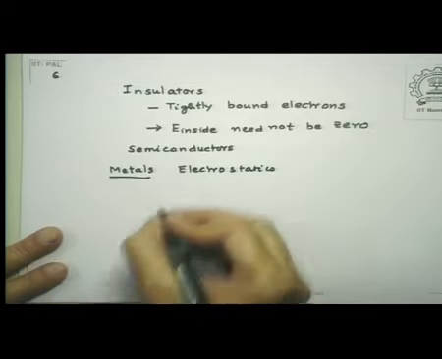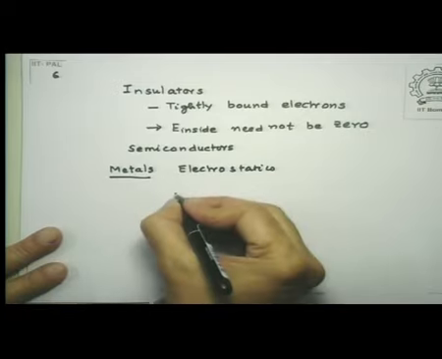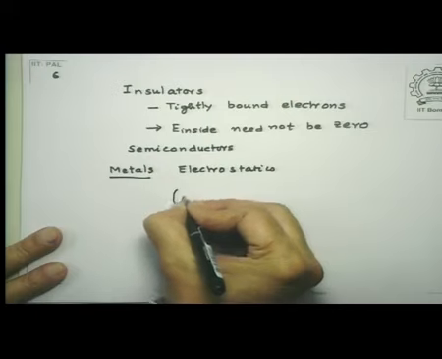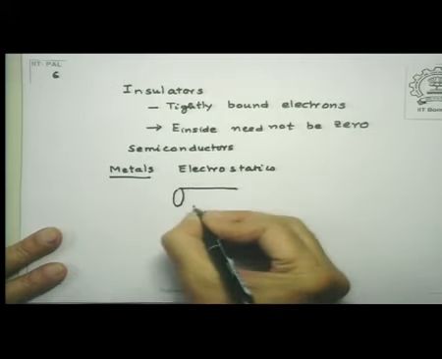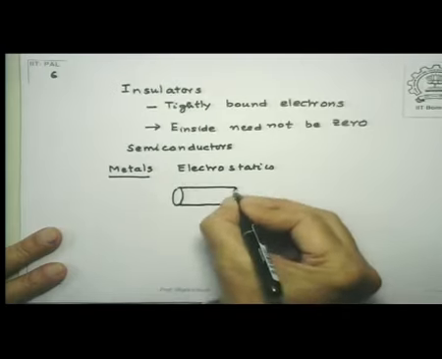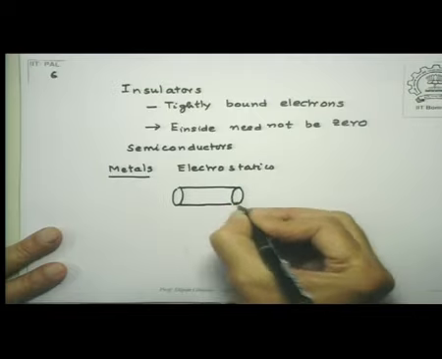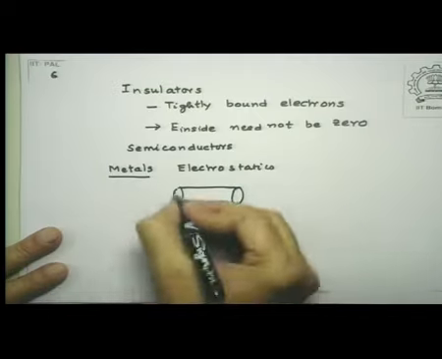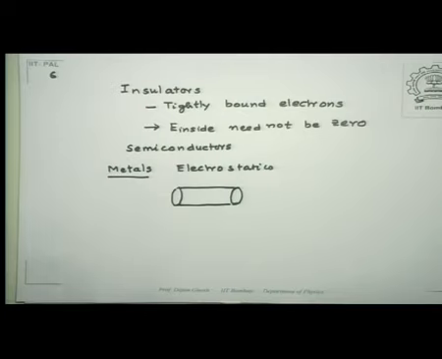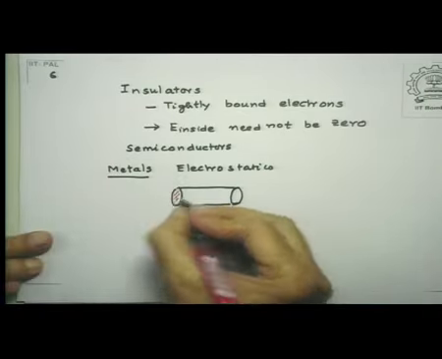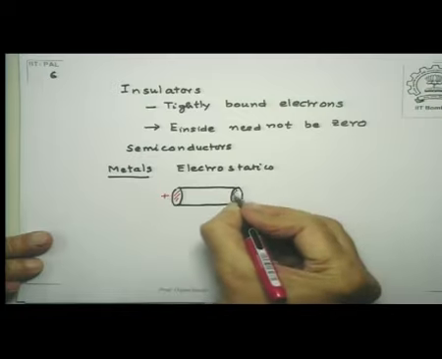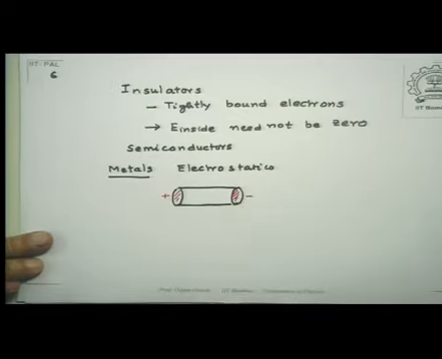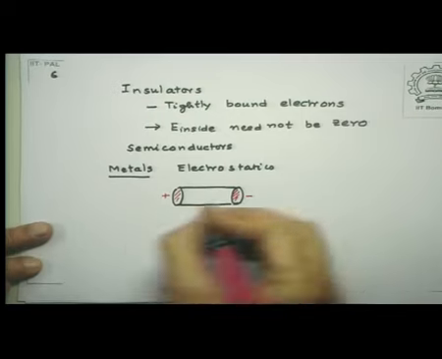Now suppose I had a piece of metal, and let us suppose that this is a sample and these are my 2 ends, and let us suppose artificially I provided a positive charged plate here and a negative charged plate here. Now look at what actually happens.